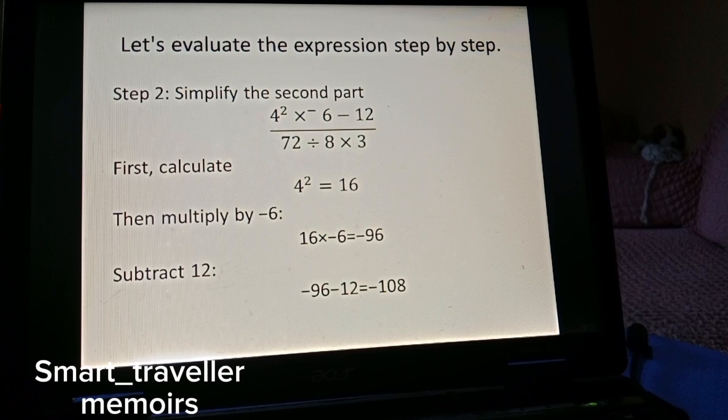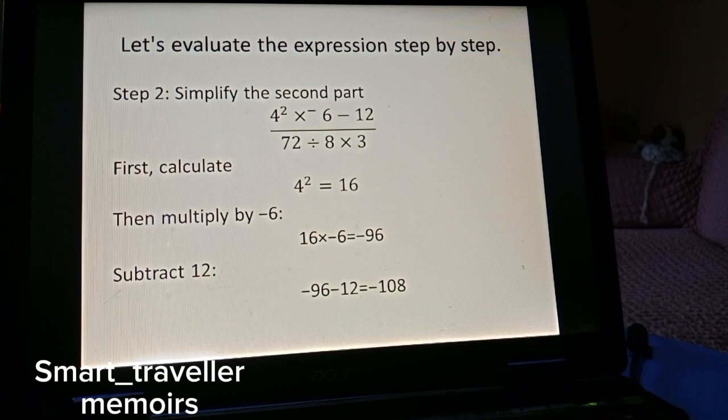So it is this one now, you subtract 12, so that you finally end up with negative 96 minus 12, which you change the negative sign to addition, and then you add the inverse of 12, which is negative 12.